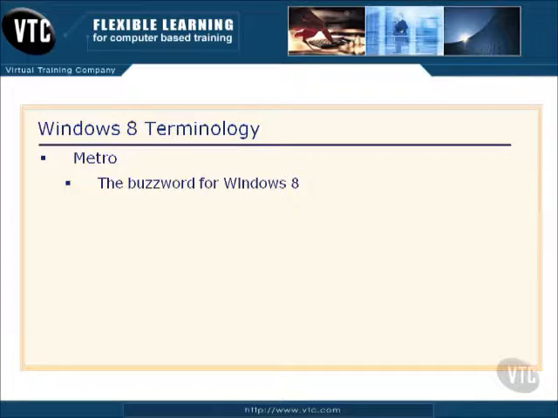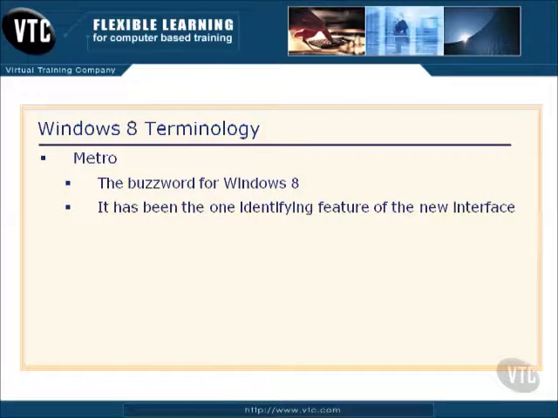Metro has been the buzzword for Windows 8 since we first heard the rumors, when little hints began to leak out of Microsoft about the next major upgrade to the Windows operating system. The term Metro has been the one identifying feature of the new OS.